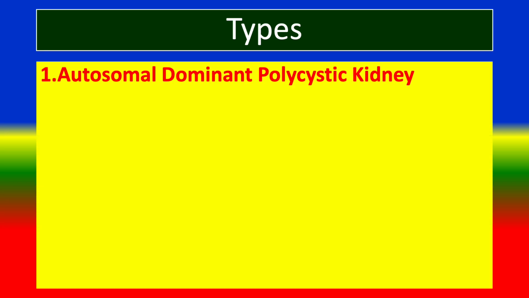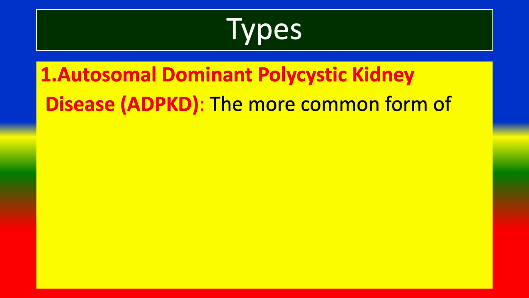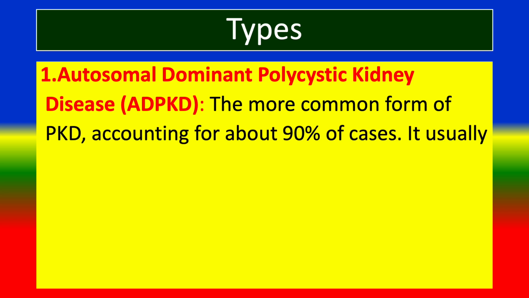Types: 1. Autosomal dominant polycystic kidney disease. The more common form of PKD, accounting for about 90% of cases.